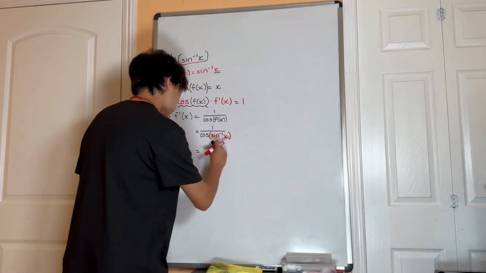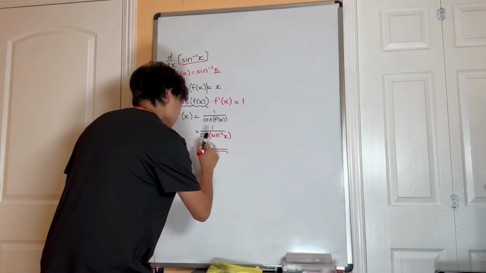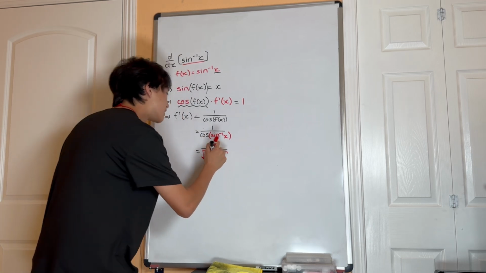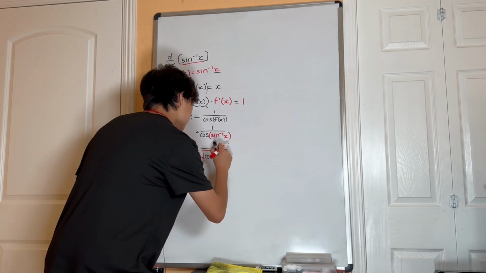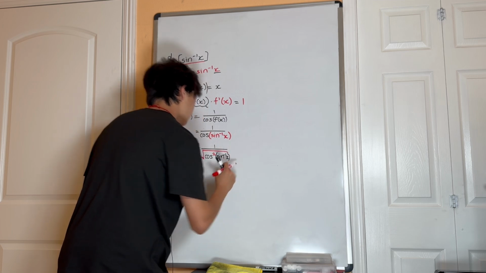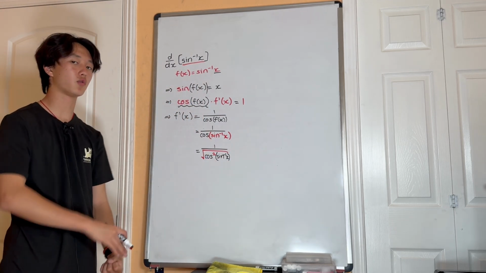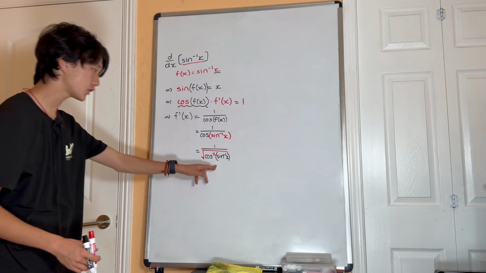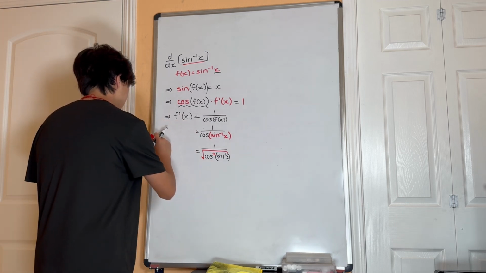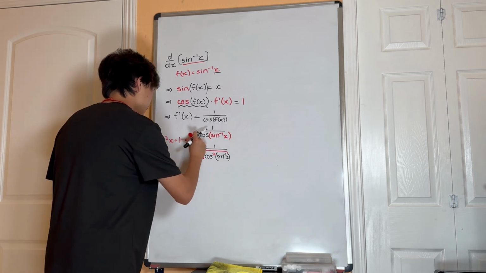I'm going to take the square root of this on the inside, but also square it. So I now have the square root of cosine squared of inverse sine of x, right? And you can see that the square and the square root cancel out to give us what we had before, so it's okay. Cosine squared of anything, say cosine squared of x, is just 1 minus sine squared of x.